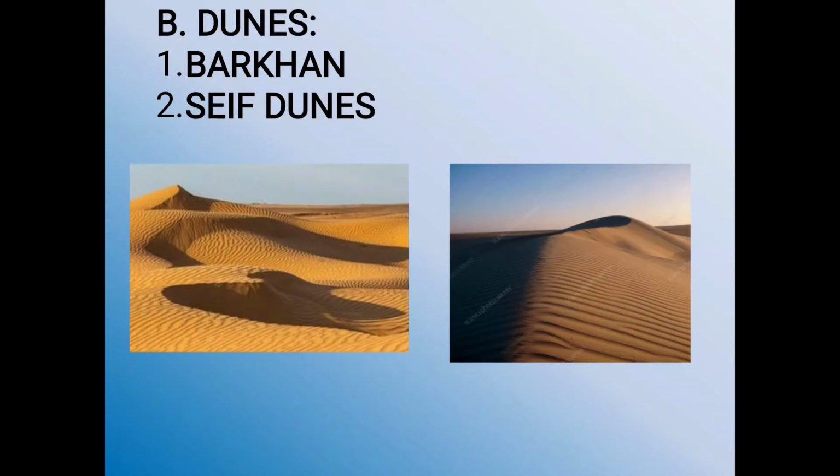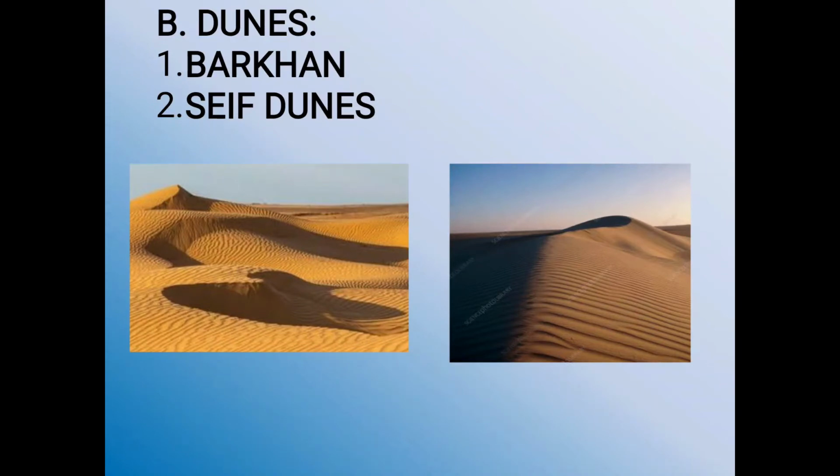Sometimes several barchans may merge into each other and they lose their typical crescent shape. As we see in the figure or the photograph over here, the barchans are seen to be crescent shaped. When the sand dunes are formed perpendicular to the direction of wind, their shape is somewhat asymmetrical.